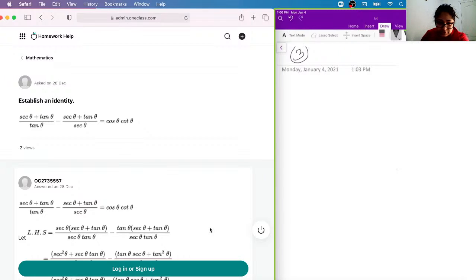And the way we would do this is by recalling our basic trigonometric rules. And so I'll just write the question down here.